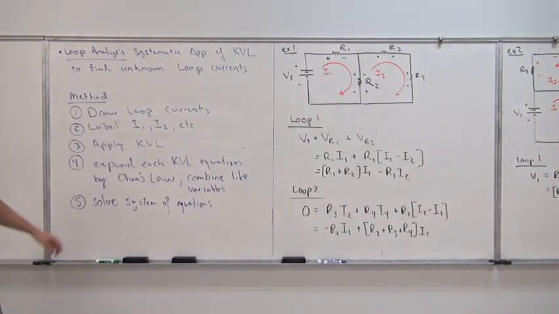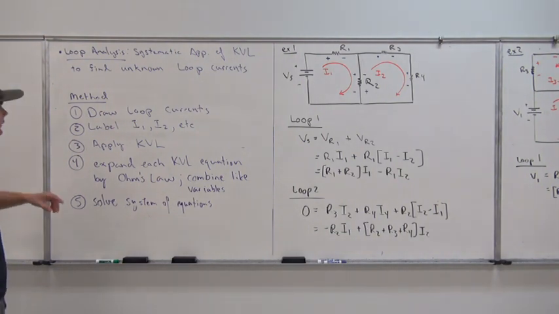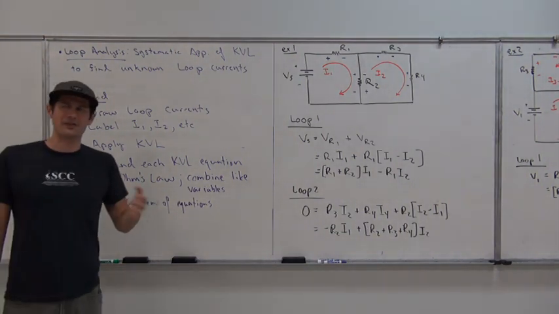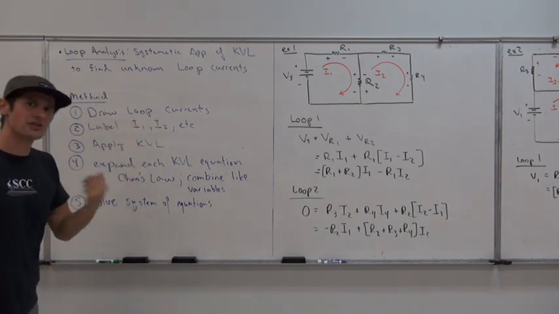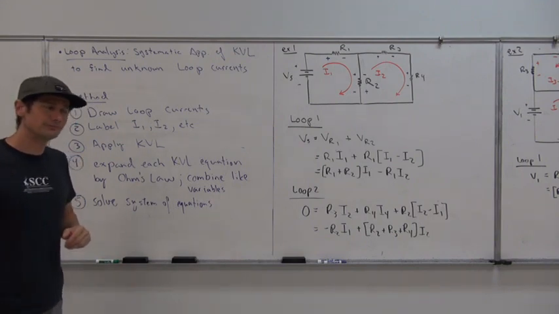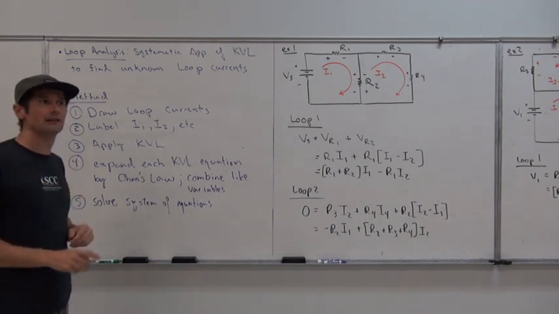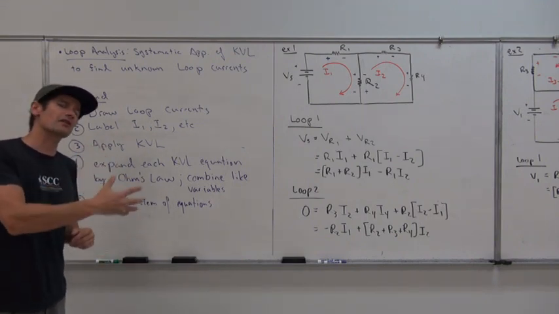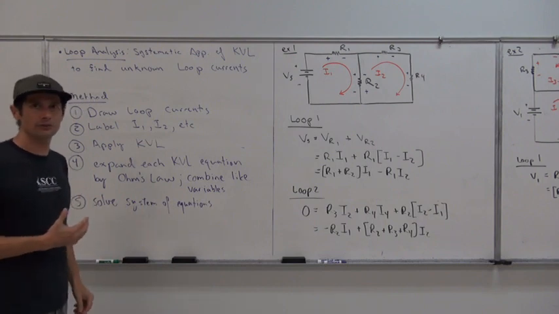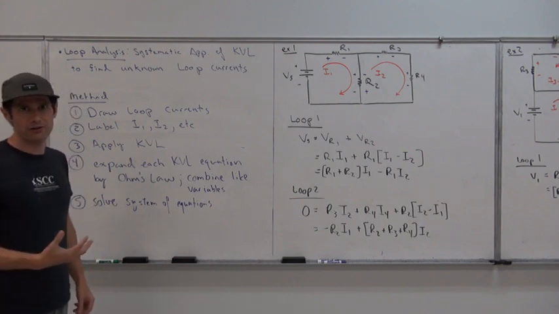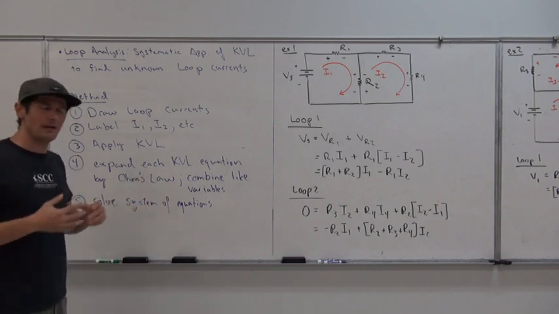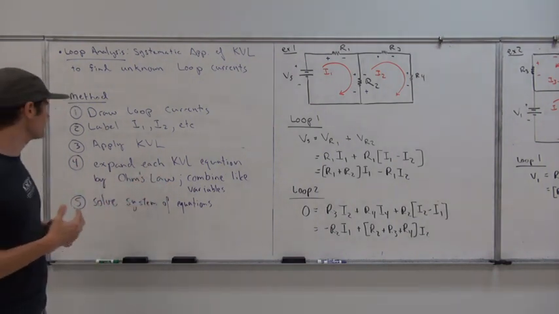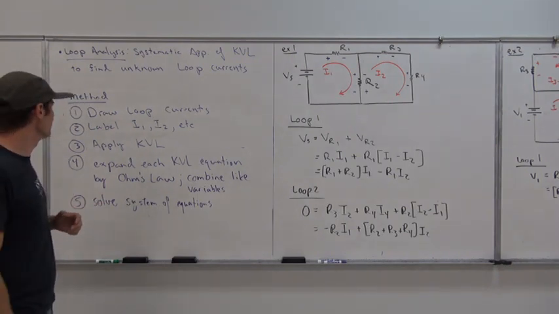So very similarly with nodal analysis, with loop analysis we have almost the same steps, but a little bit different. First, we draw our assumption of the loop current flow. And just like nodal analysis, it doesn't matter what that assumed current direction actually is, because essentially the math will do the work for us, which is once again a very cool thing.